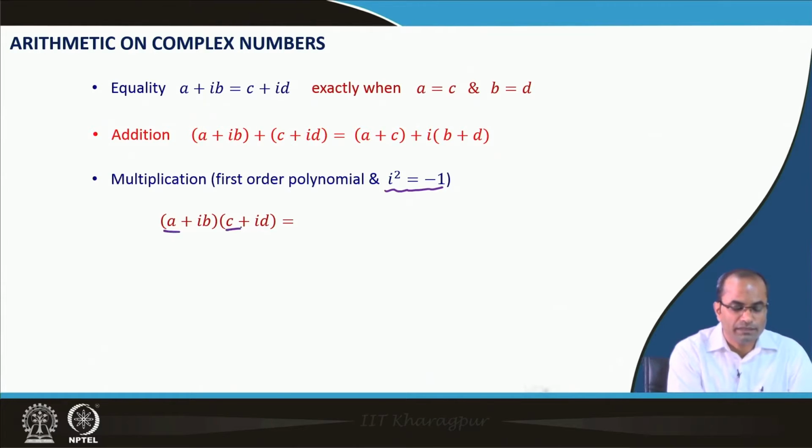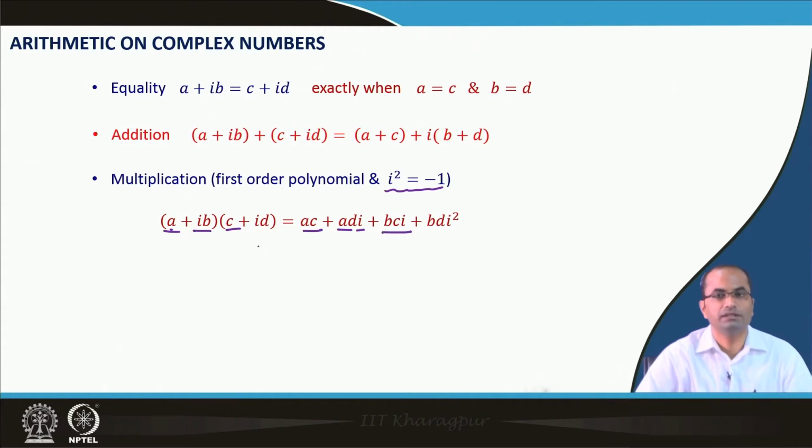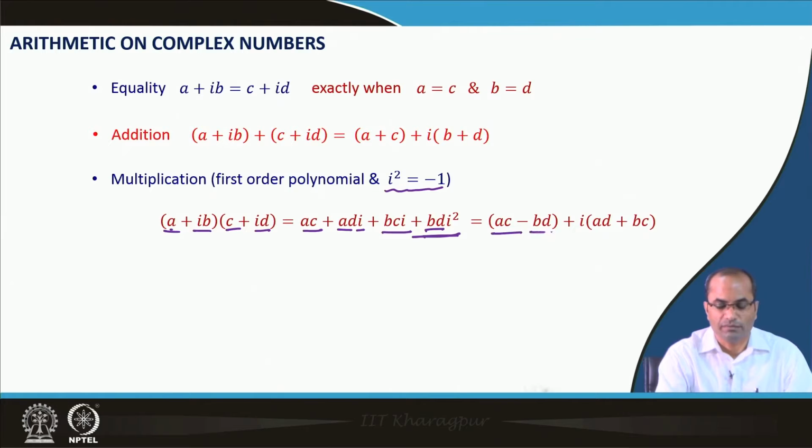So, a multiplied by c gives ac, a multiplied by i d gives i ad, then i b with c gives i bc, and also i b with i d gives i square times bd, and i square is minus 1, so this is minus bd. So, we can write ac minus bd, and with i we have ad plus bc.